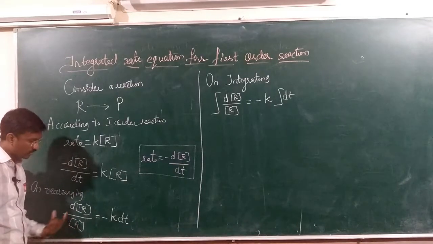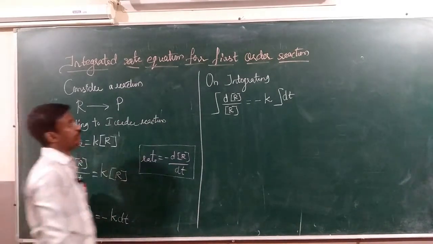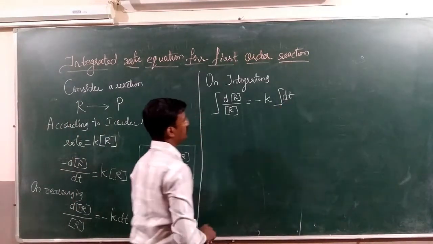I applied integration to the left side and to the right side. Minus K is a constant, that's why I have taken it separately: minus K integration of dt.